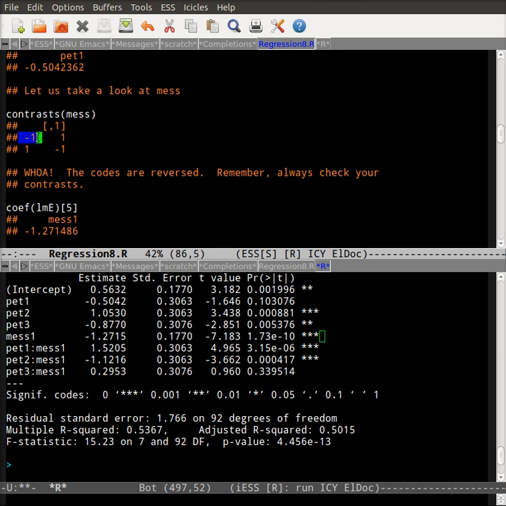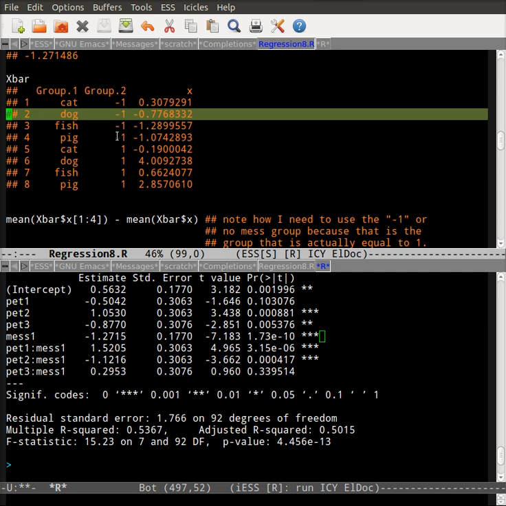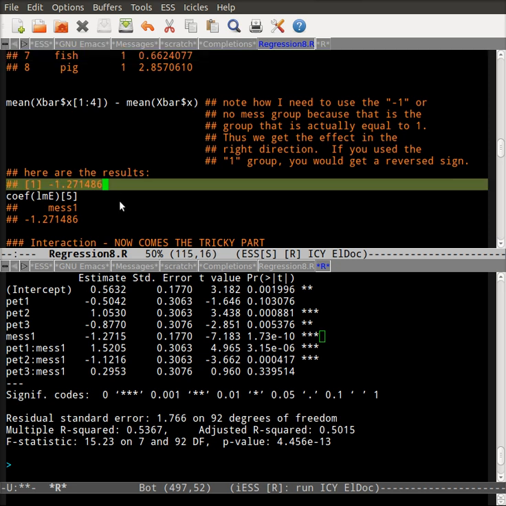Okay, so just imagine that minus 1 is no mess, and 1 is mess. So 1 stands for no mess. Okay, so how do we do this? We take the mean of all the no messes, and we subtract out the grand mean. So what does this say? If there is no mess, the effect is minus 1.27 or 1.3.